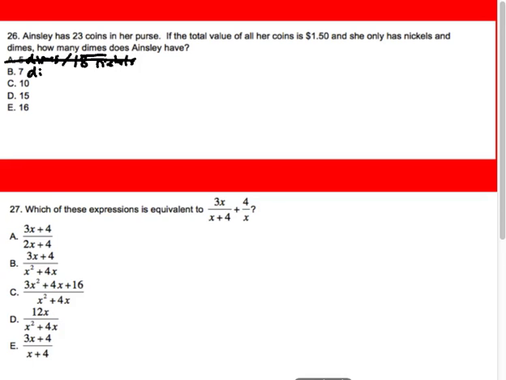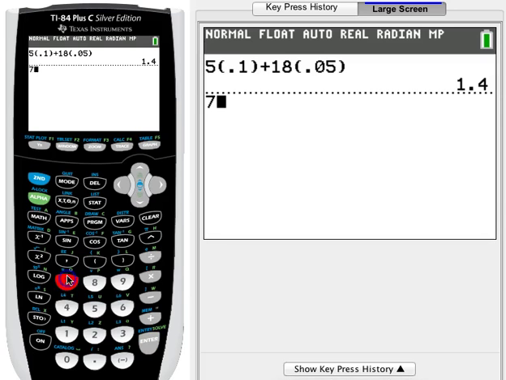If I have 7 dimes, now that means I have 16 nickels. So let's check out the value of having that. All right, so now I have 7 dimes, each worth 10 cents, and 16 nickels, which are each worth 5 cents.